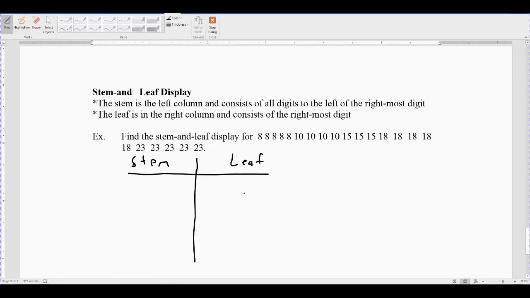We'll just do this. Now the leaf is the rightmost digit. It's always in the right column. The stem is all the other digits. So if you look at it, we have single digits up to 23. So what that means is this 8 is like a 0, 8. So I'm going to start the stem as being a 0, and then 1 and 2.